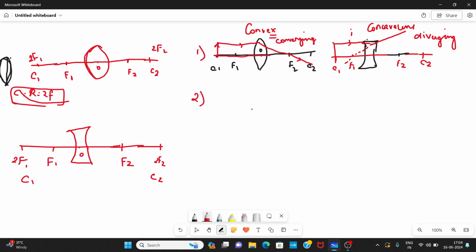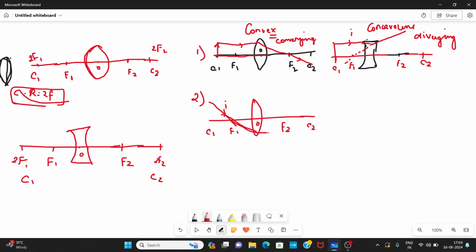The second case, let us consider the lens, optic center, f1, f2, c1 and c2. Now my incident light is traveling through the focal point. What will happen when the incident light is traveling through the focal point through the lens?